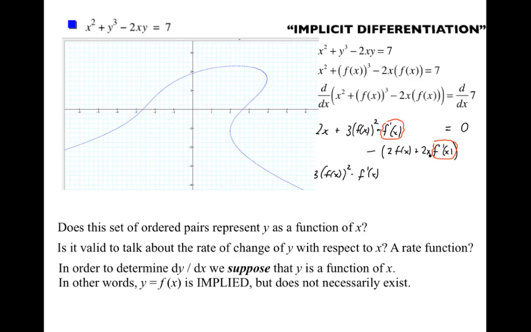This is minus the product rule, so minus 2x f prime of x. And then anything that doesn't have an f prime of x is going to go to the right. So we're going to subtract 2x from both sides, minus 2x. And then this is minus 2f of x on the left, so it's going to be plus 2f of x on the right.